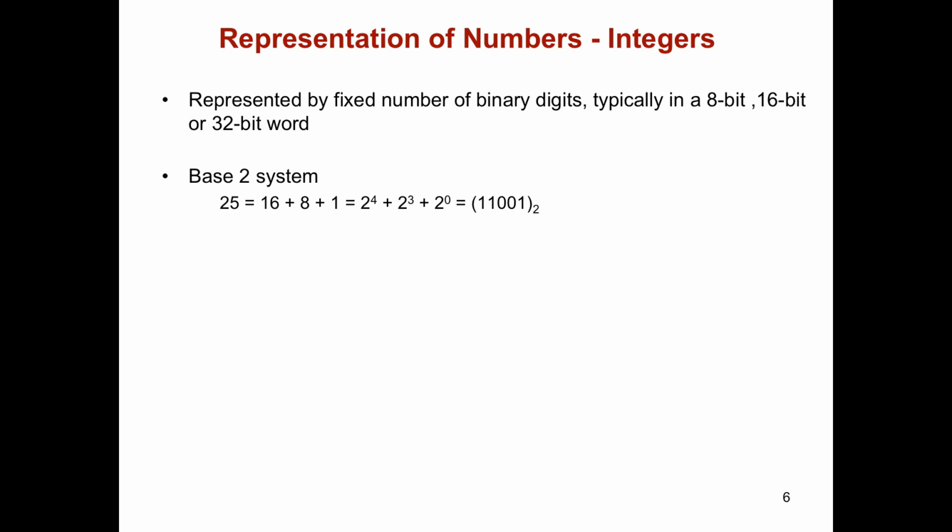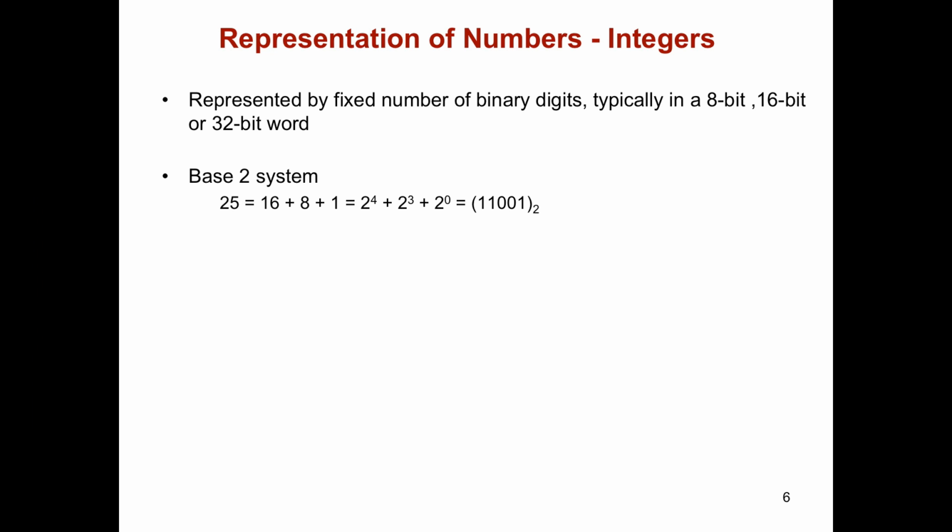I'm going to give you a formula to compute this quickly without adding them all up. 8 bits means 2 to the 7 at the top. You start with 0: 2 to the 0, 2 to the 1, 2 to the 2, all the way to 7.